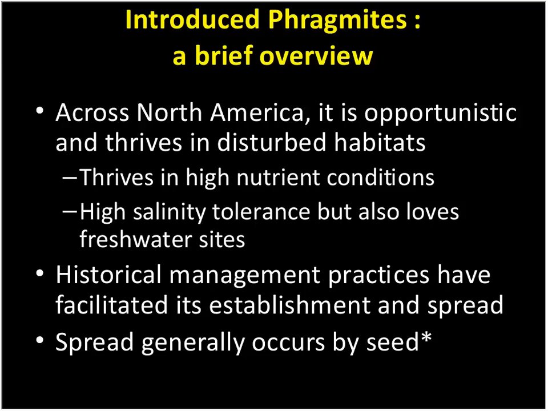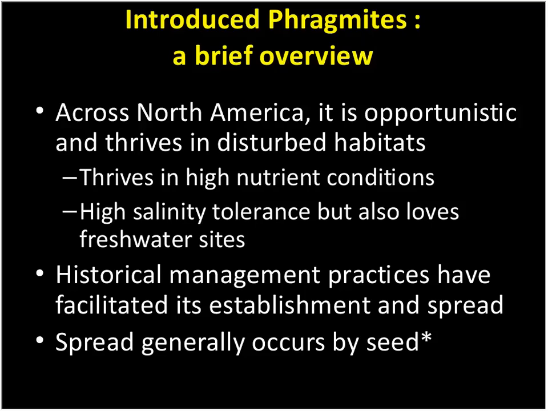We also know that historical management practices have likely facilitated establishment and spread. So we find it along transportation corridors. We find it where lowlands have been drained for conversion to agriculture, where there's high associated nutrient runoff, where shorelines have been developed for housing. There's high nutrients associated with this as well.